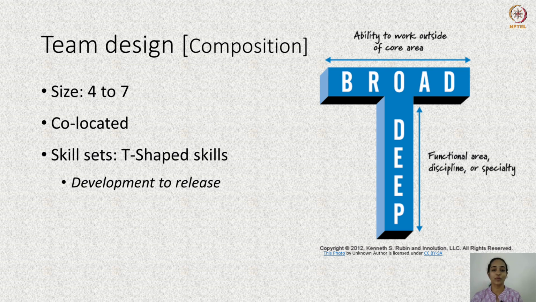That is what is meant by T-shaped employees or T-shaped skills. Here, team members have a very deep understanding of the particular technology or area which they are working on, and they also have a broad understanding about how their skill sets and their knowledge should be complementing the work which other team members in the team are doing.